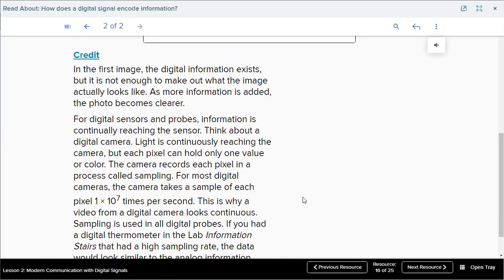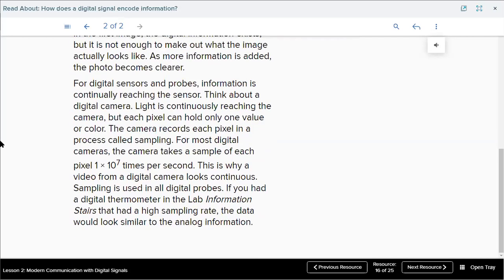In the first image, the digital information exists, but it is not enough to make out what the image actually looks like. As more information is added, the photo becomes clearer. Okay, thanks. Can you read the second paragraph, please?